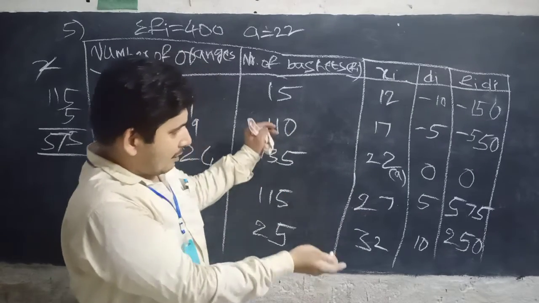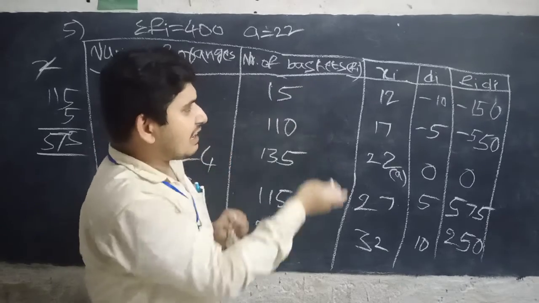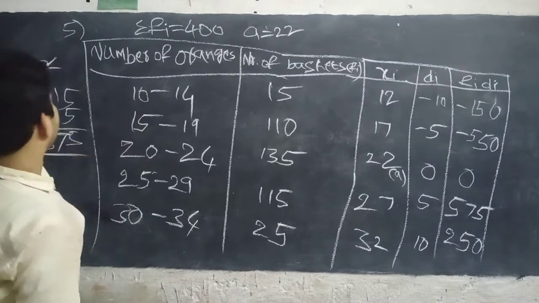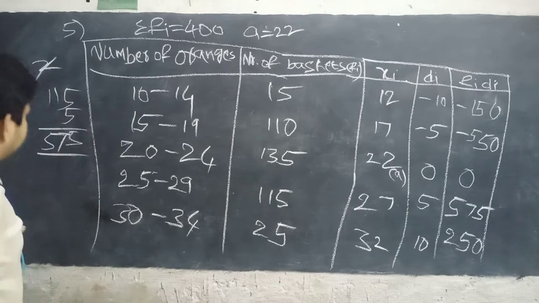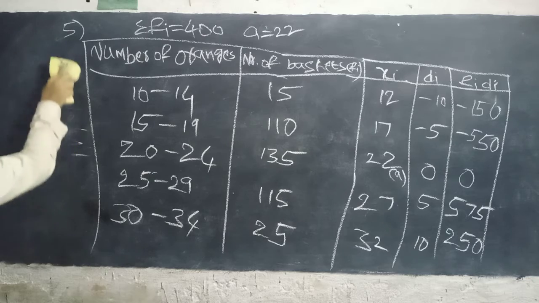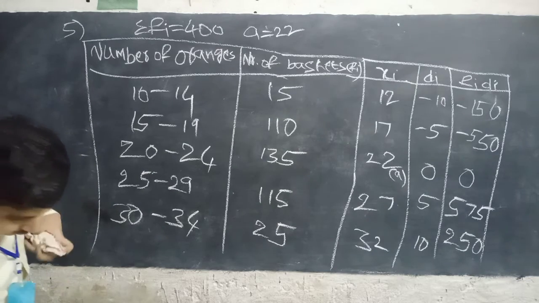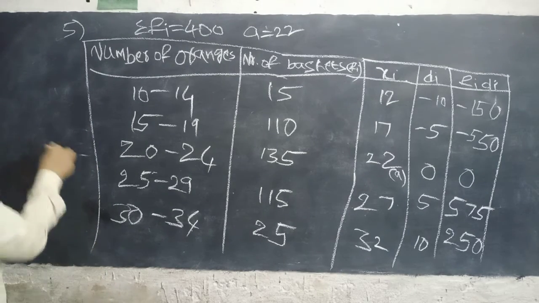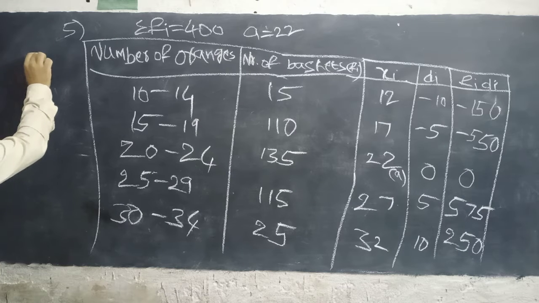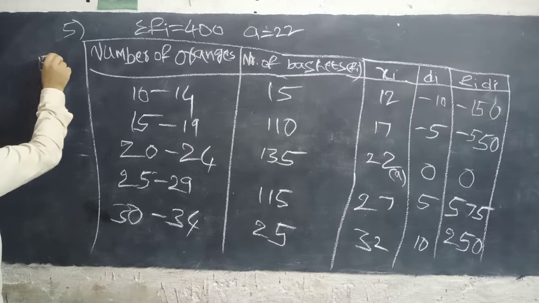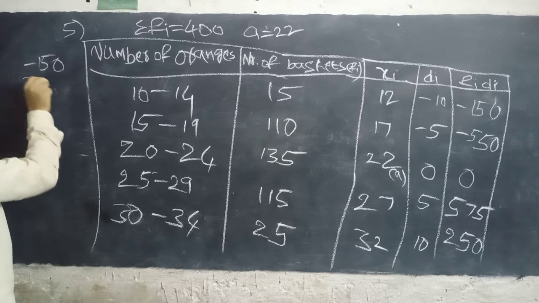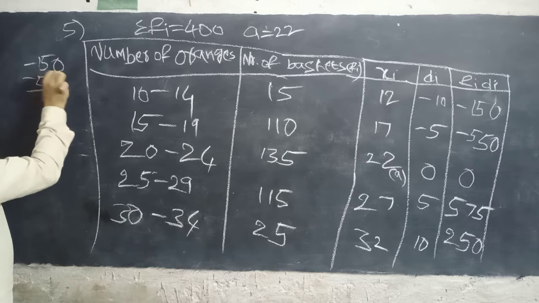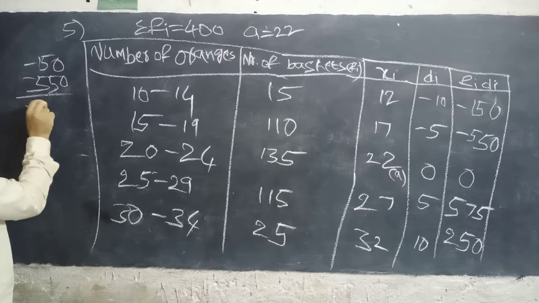Now we have to add the total fi dA values. Minus 150, minus 550, how much? Minus 700.